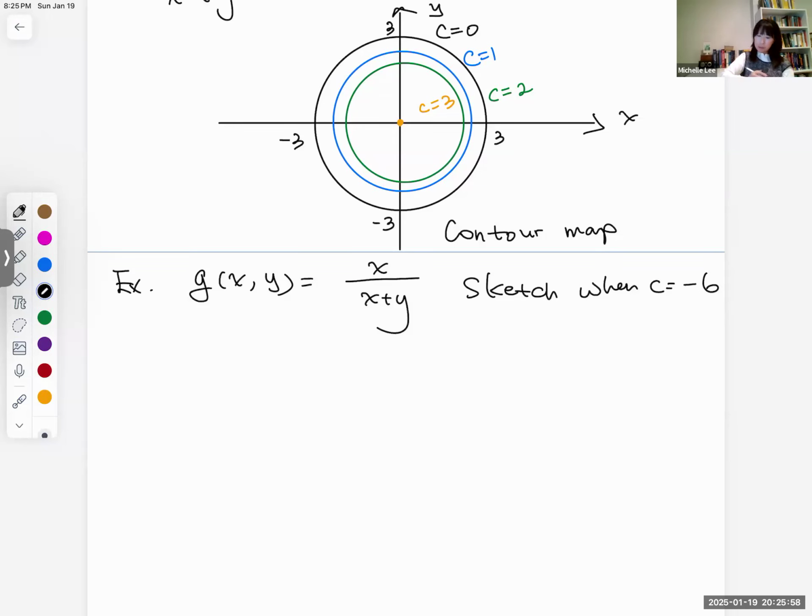So level curve. So g of xy equal to c, which is equal to -6, right? That is x over x plus y. Let's solve for y.